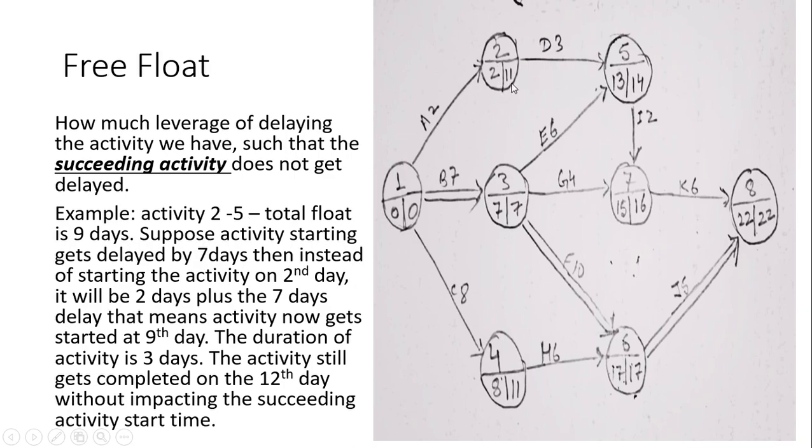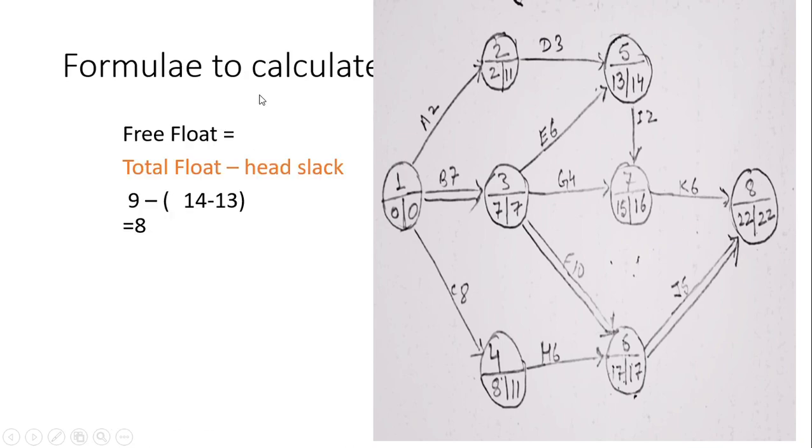So it would be starting on the 9th day. Even then, the duration of the activity is 3 days, the activity still gets completed on the 12th day, and the next activity has to be started as early as the 13th. So you see, even if it gets delayed by 7 days, this limit is not getting crossed. So this is the example of a free float.